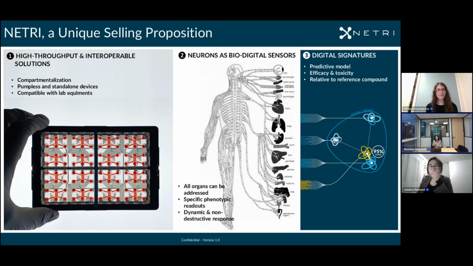And so the idea is to capture these electrophysiological signals with microelectrode arrays, and then construct a digital library with reference compounds or healthy types of cells versus potentially pathological cells, and be able to create predictive models to predict, for example, the efficacy or the toxicity.